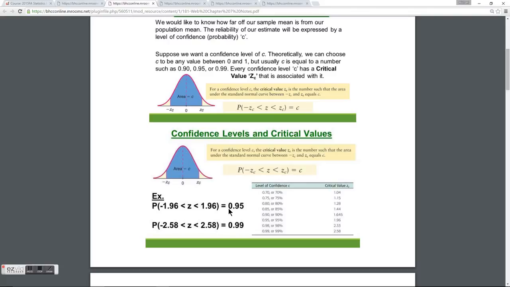So if you have data that's normally distributed, you can say that 95% of it will be within 1.96 standard deviations of the mean either way. Similarly, you could say that for z equal to 2.58, 99% of the data would fall in that range.